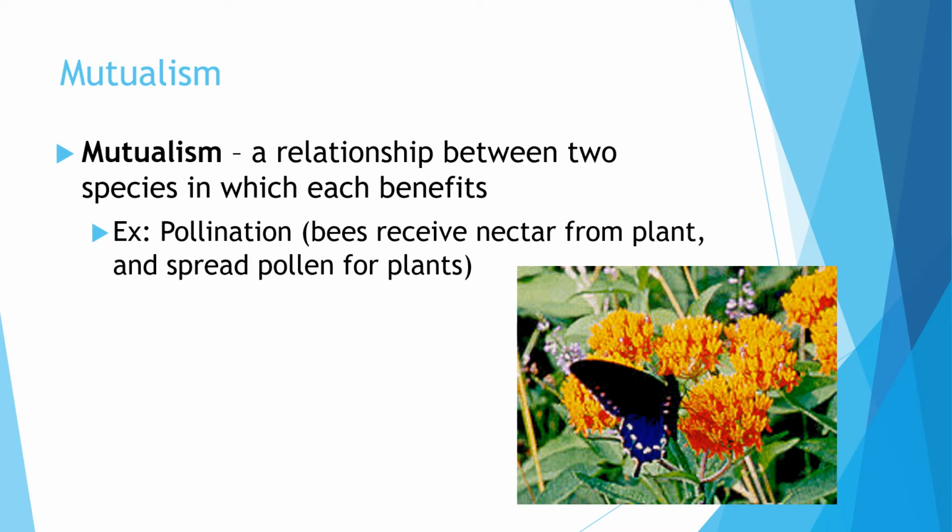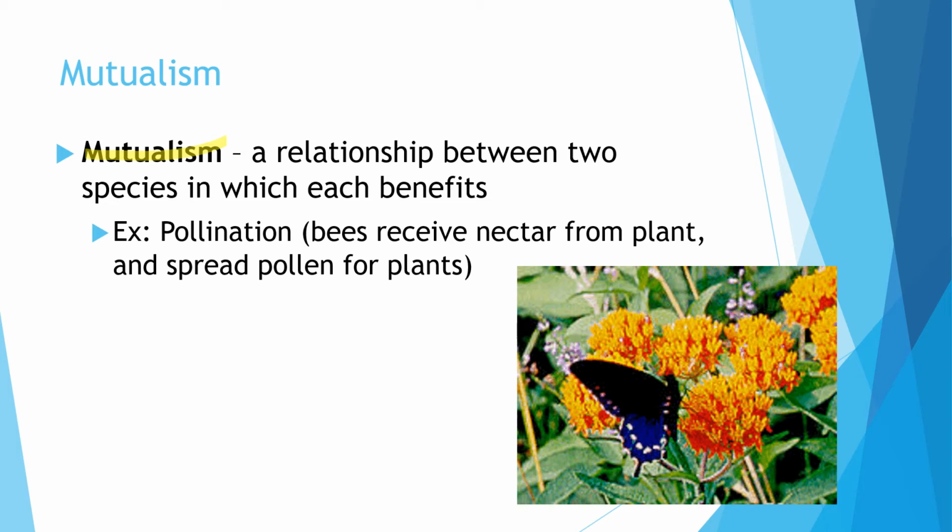So we have two species in this relationship, the bees and the plants, and both benefit because the bees spread the pollen for the plants, and by doing so, this increases pollination, or the reproduction of plant species, allowing them to grow. And it also benefits the bee because bees need to consume pollen in order to produce honey. So it's like a mutual relationship. They both benefit from the interaction.